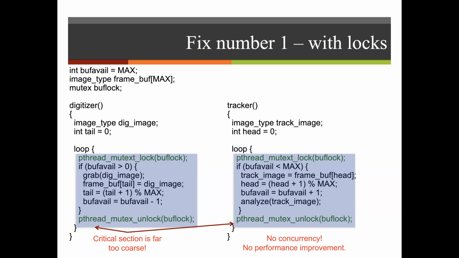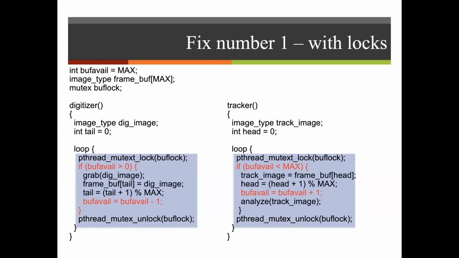What are some further improvements that we would need to make? Let's focus our attention on the buffer avail data. In this case, we can see that there isn't necessarily a need for a mutex here.